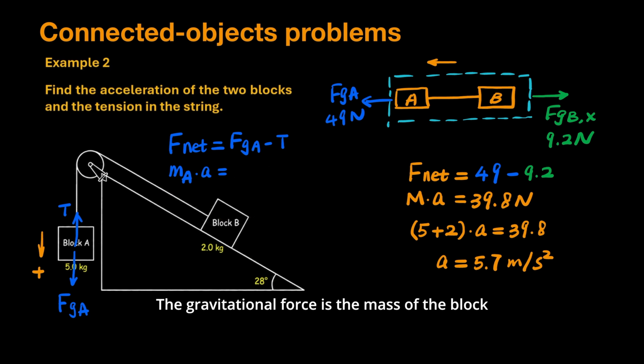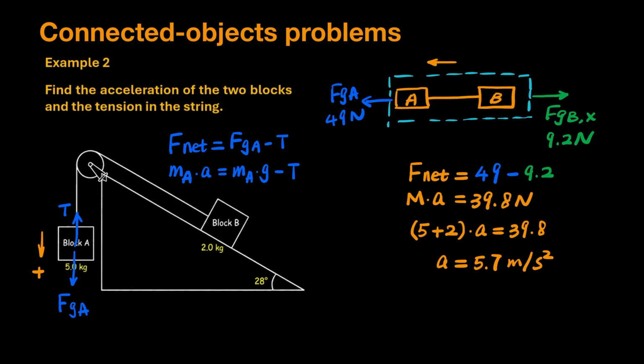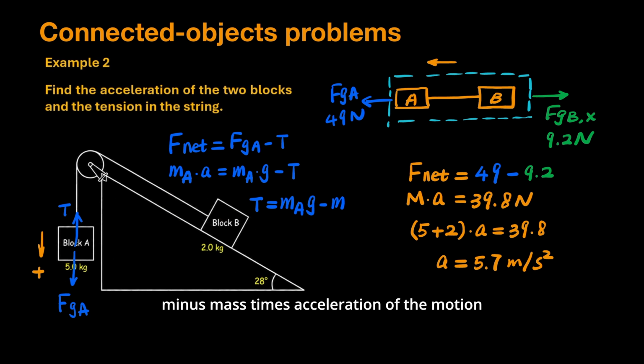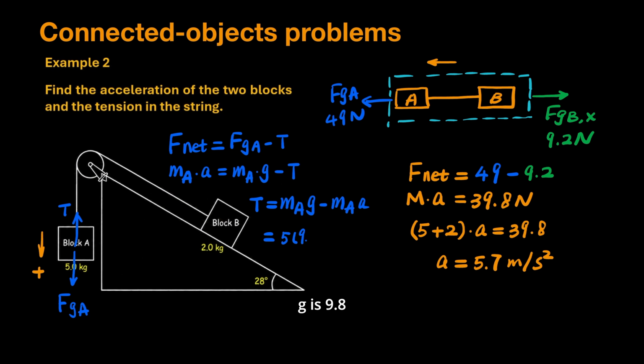The gravitational force is the mass of the block multiplied by the gravitational acceleration. Now we isolate T. It equals mass times gravitational acceleration minus mass times acceleration of the motion. Substituting the values, the mass of block A is 5 kilograms, g is 9.8, minus, again, the mass is 5 kilograms, and a is 5.7 meters per second squared. This gives us a tension of 20.5 Newtons.